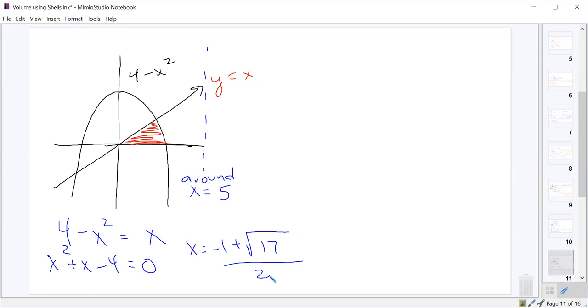Just quickly using the quadratic formula, that's where they intersect. If you want to use that value, or you can have your calculator approximate that for you.